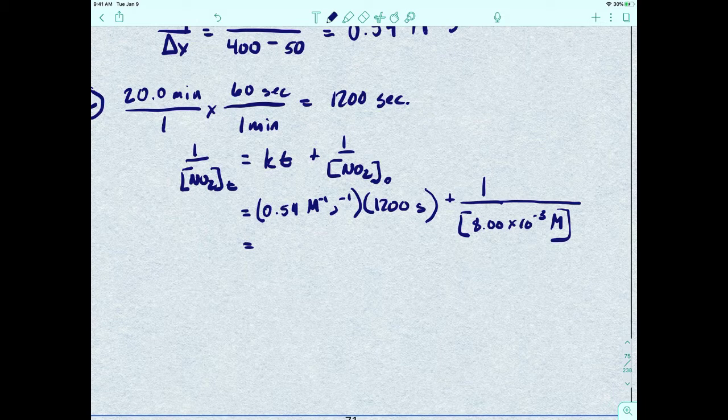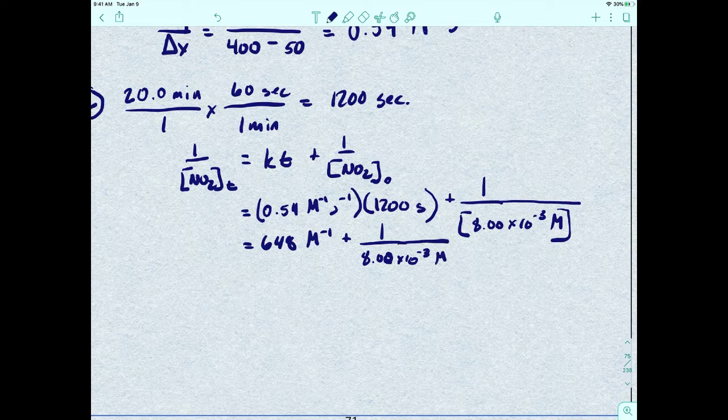All right, so 0.54 times 1,200, okay, that gives us 648. Then the seconds to the minus first cancel out with seconds, so we know that this is going to be molar to the minus first. Now we've got 1 over 8.00 times 10 to the minus third molar as well.